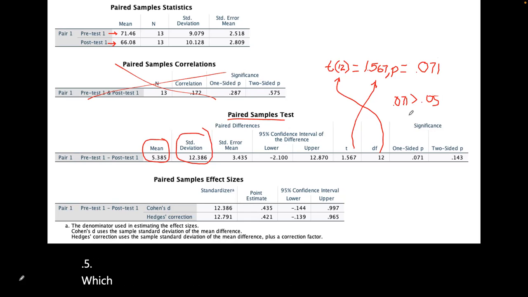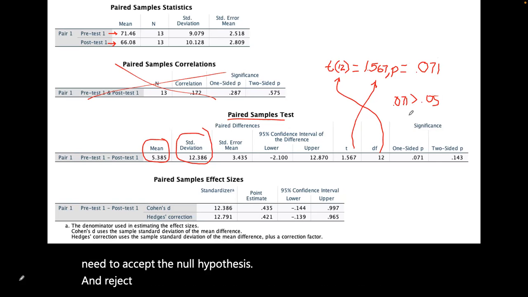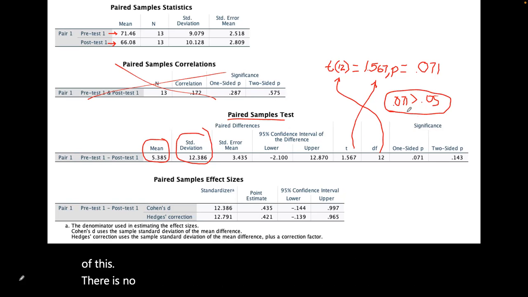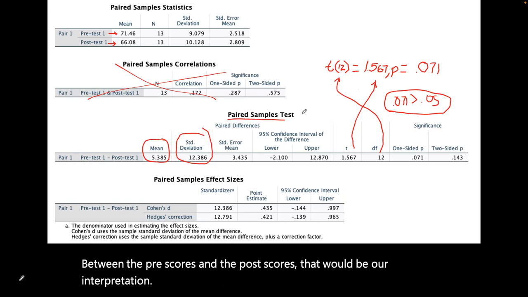What we would need to do in this case is accept the null hypothesis and reject the alternative hypothesis, because there is no significant difference between the pre-scores and the post-scores. That would be our interpretation.